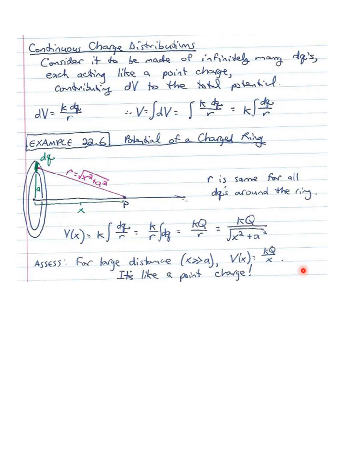Well, then we would just observe it to be a point that has a charge Q. So a test of this equation to see if it makes sense at large distances is to see that if a is very, very tiny, we're left with just kQ over x, and that is, as we know, the voltage or the electric potential from a point charge.